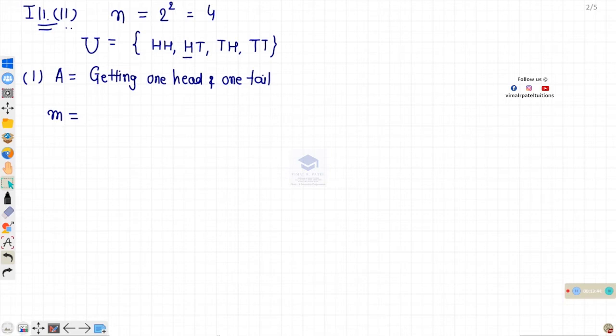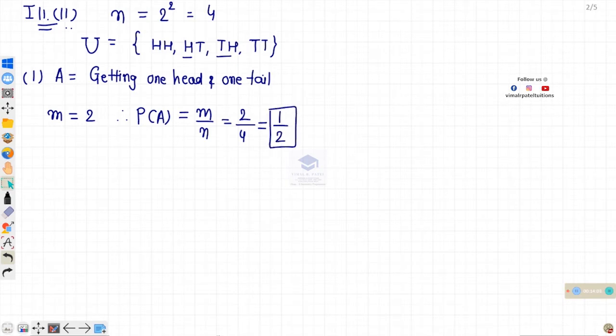One head, one tail. HT, TH. So possible outcomes are 2. So your probability of A is equal to M upon N, 2 by 4. So 1 by 2.